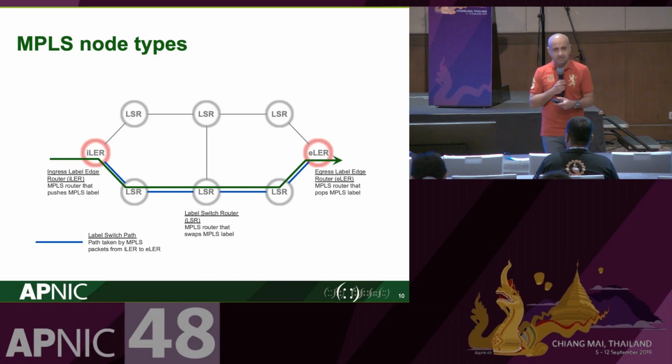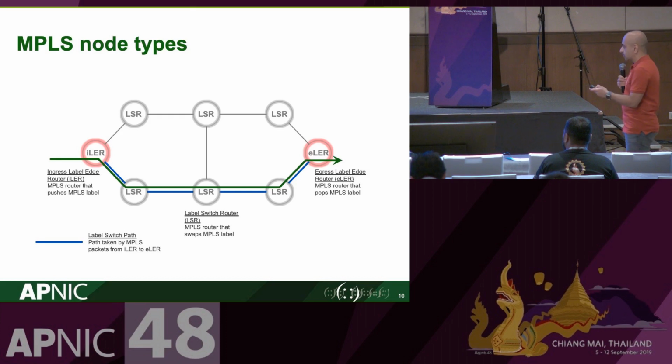And obviously, when a packet goes in the other direction, the roles swap, right? So here we have a path through an MPLS network. Packet comes in to the ingress LER. What is the operation it does on the packet? Push, pop, or swap? Anyone? Push, right. It does a push.